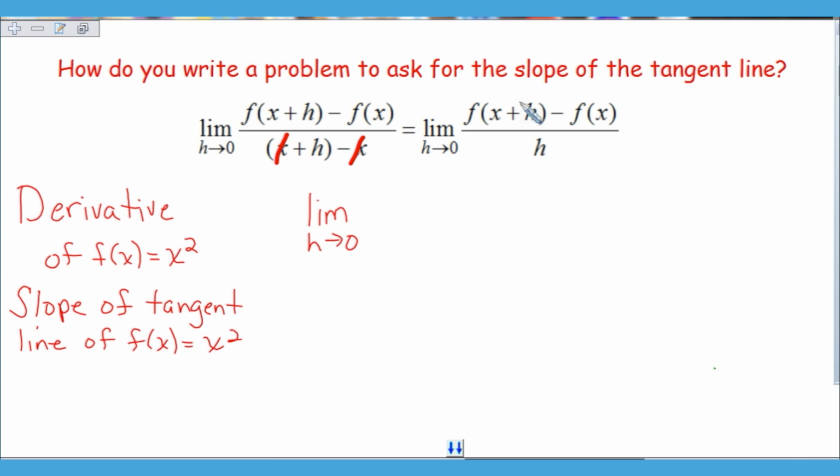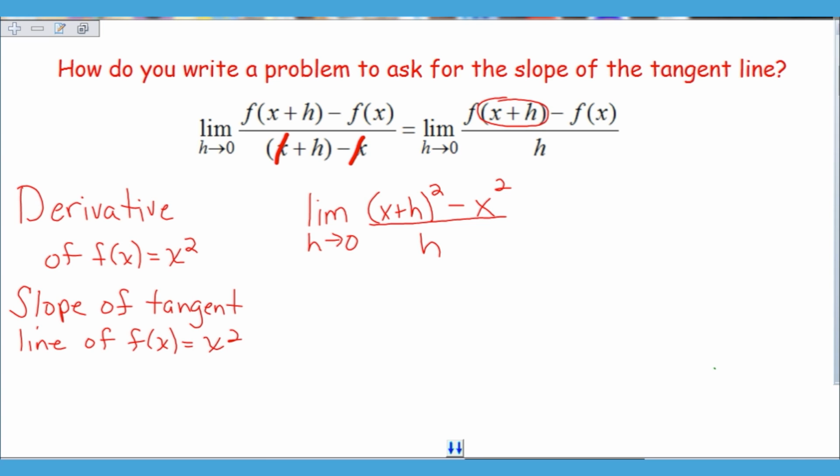And then I'm going to put x plus h in for the x of the function. So notice I'm doing x squared. So on the top, instead of writing x squared, I'm going to write x plus h, squared. And then write the function itself over h.